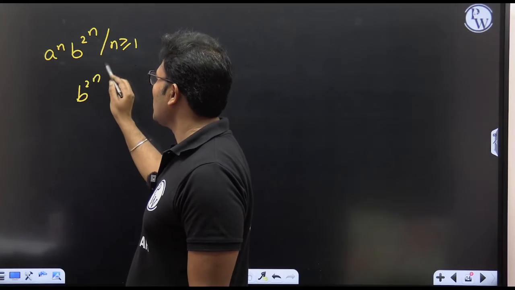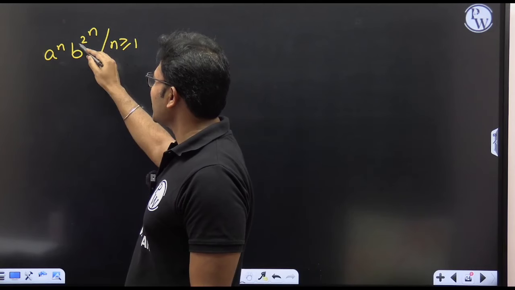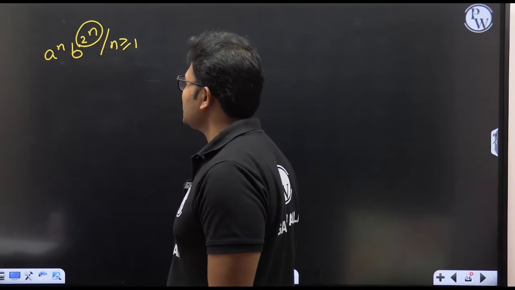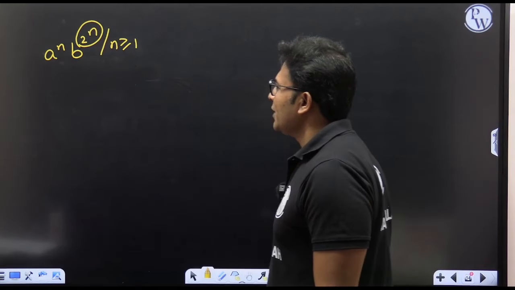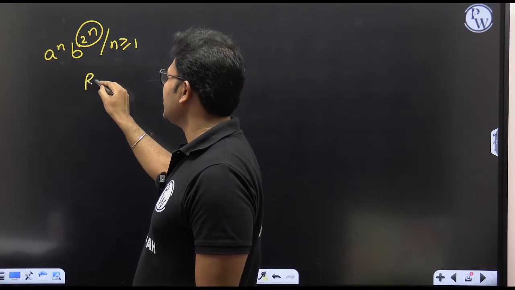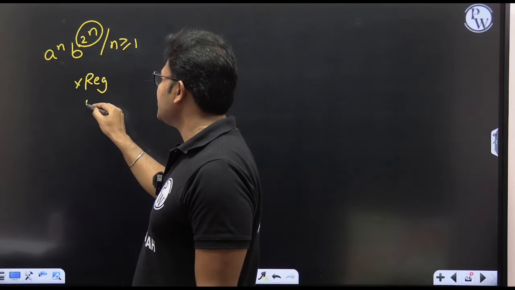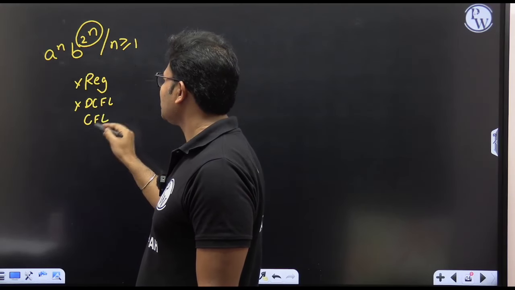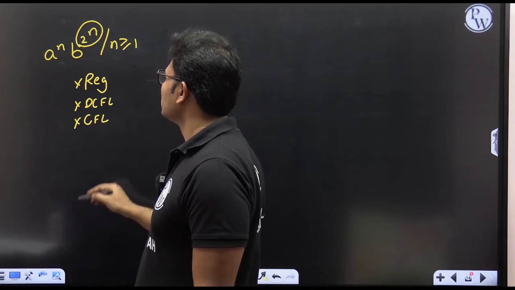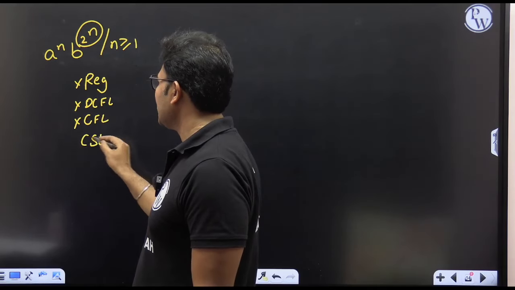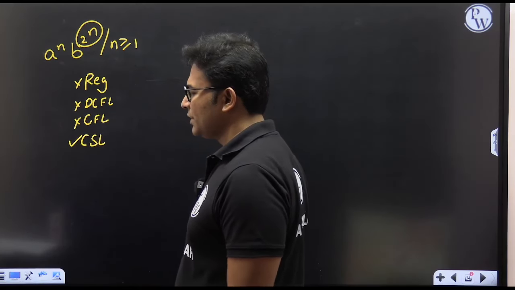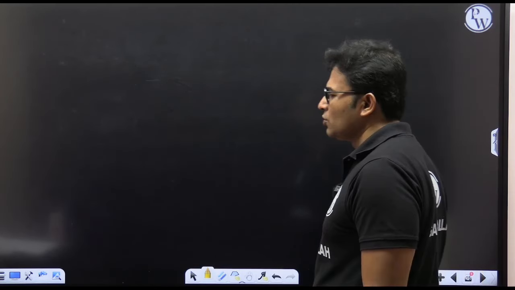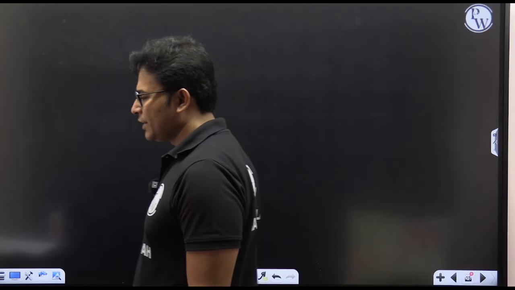This is an exponential power. 2^n is exponential. It is non-linear. So, again, regular cannot do it, obviously. DCFL cannot do it. CFL cannot do it. Therefore, it is done by CSL. Later, we will see how CSL is able to do this.